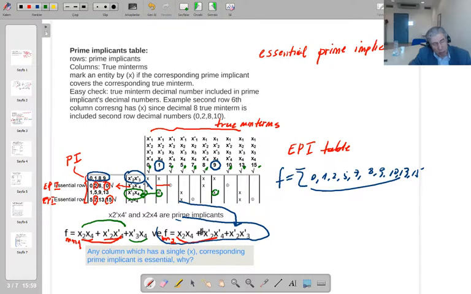The additional prime implicants are changing: this green one and this blue one here. Okay. So how are we finding the minimal functions? We already said that minimal functions are not unique. There could be more than one minimal function for a given function.